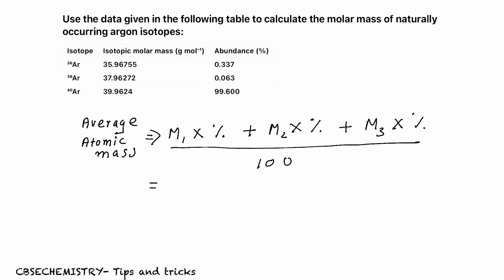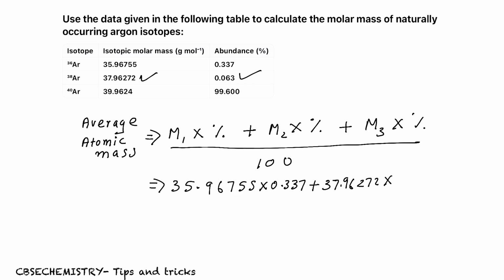On substitution, what will you get? 35.96755 into the percentage abundance, which is 0.337, plus the second one, this one, right? 37.96272 into its abundance, which is 0.063, plus the third isotope, 39.9624 into its abundance, which is 99.6.